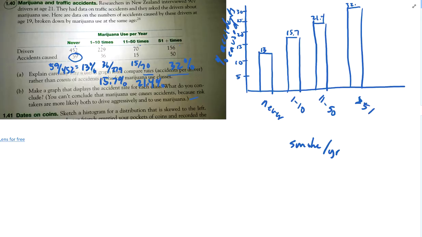They said risk takers are more likely to drive aggressively and use marijuana. Your personality is probably the biggest thing involved as well. So there are lots of reasons why you might have this sort of relationship. But at any rate, there you have it. Answer the question clearly, and we're good to go.